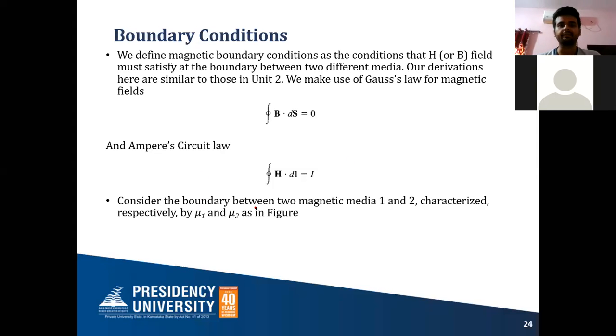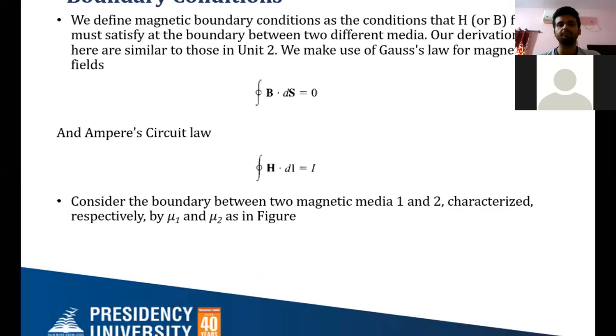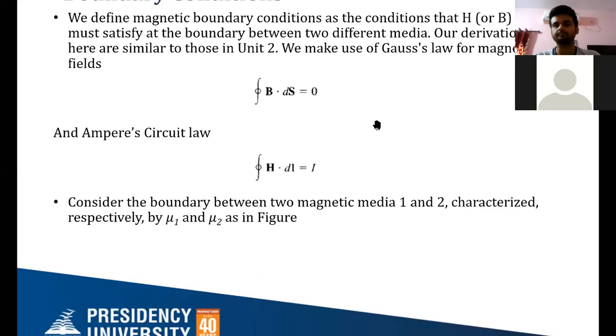Now for boundary conditions also, we'll be using the Gauss law for magnetic fields. What is the Gauss law for electrostatic fields? Surface integration of D dot dS equals rho v, correct?